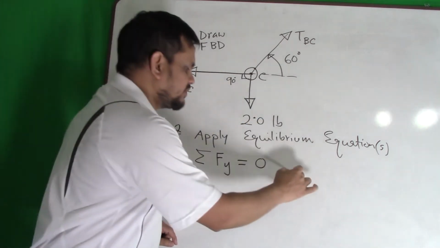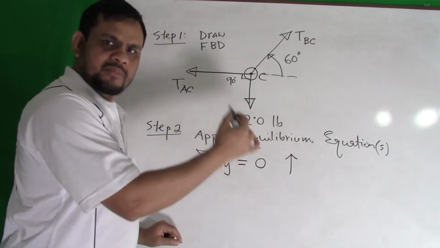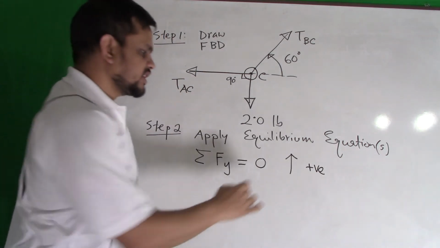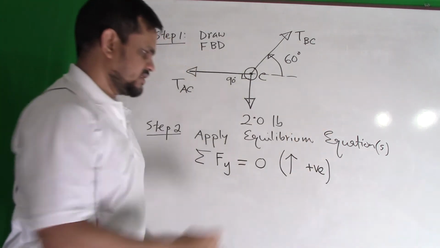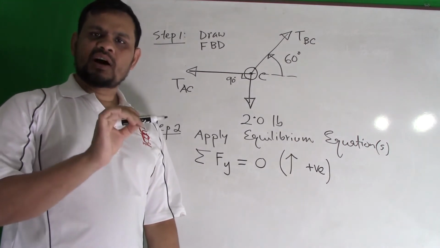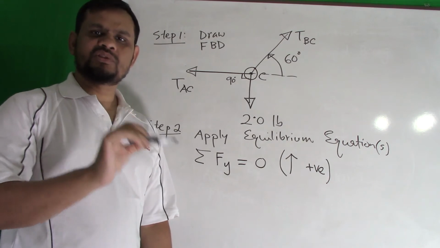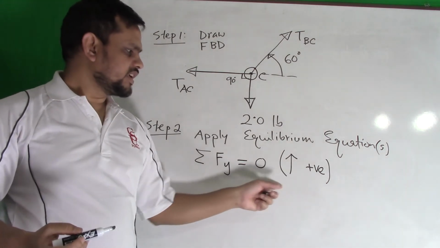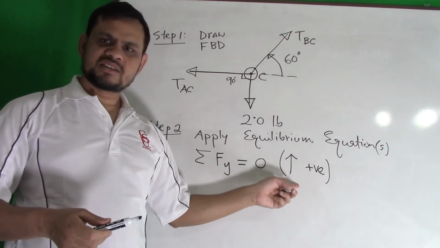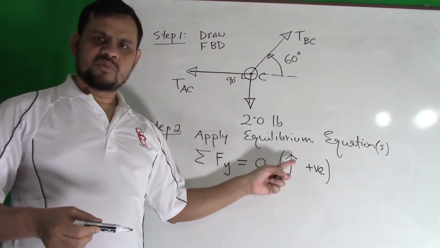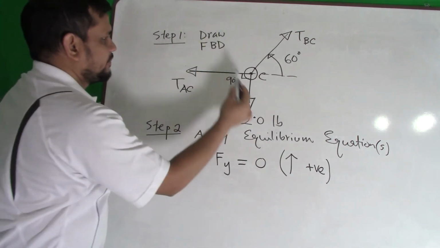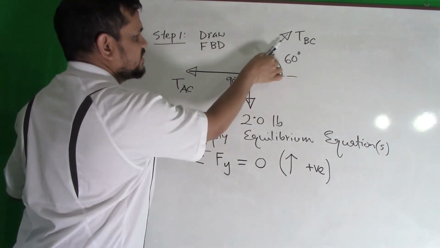I will assume any upward force is positive, and put it in parentheses. You can write it down also, assuming upward force is positive. There is no universal rule that you must do it. This is my style, and I saw most books follow this style. So upward, this is my force, it is inclined.